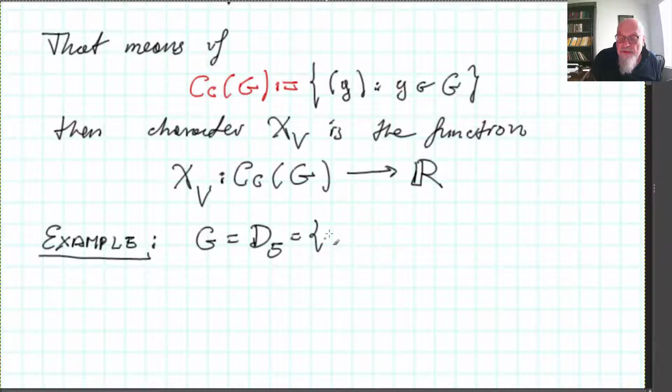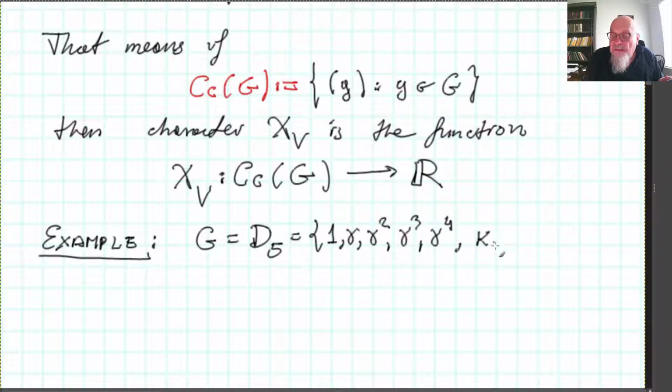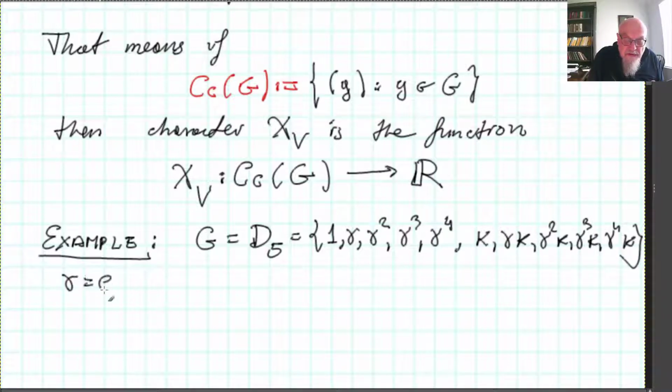In such a case, we know what it is: the elements are 1, gamma, gamma squared, gamma cubed, gamma to the fourth, and then kappa, gamma kappa, gamma squared kappa, gamma cubed kappa, and gamma to the fourth kappa, where gamma is just e^{2πi/5}. So that's this complex number.